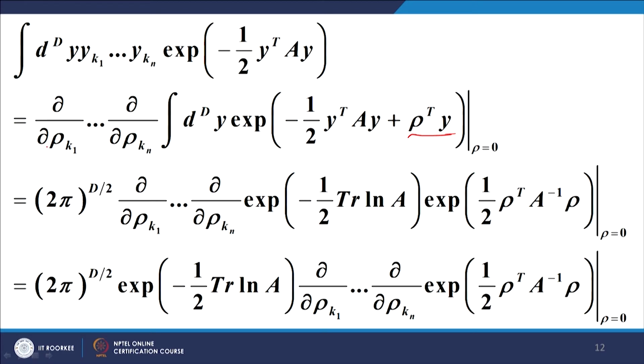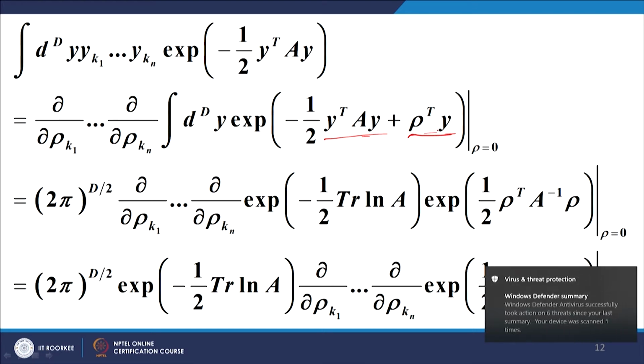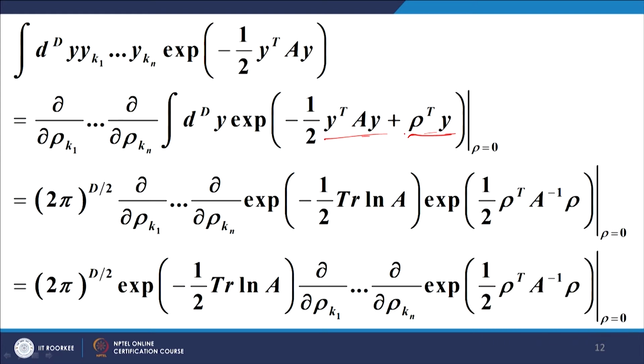When I differentiate this, there is no rho in this quantity, there is only a rho over here, and when I use this rho, I pull out the corresponding y. The rest of the rows, because they are not this row, will become 0.